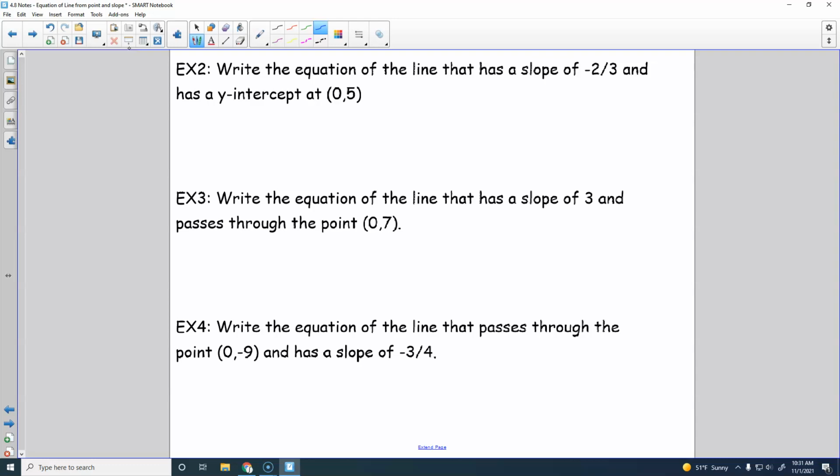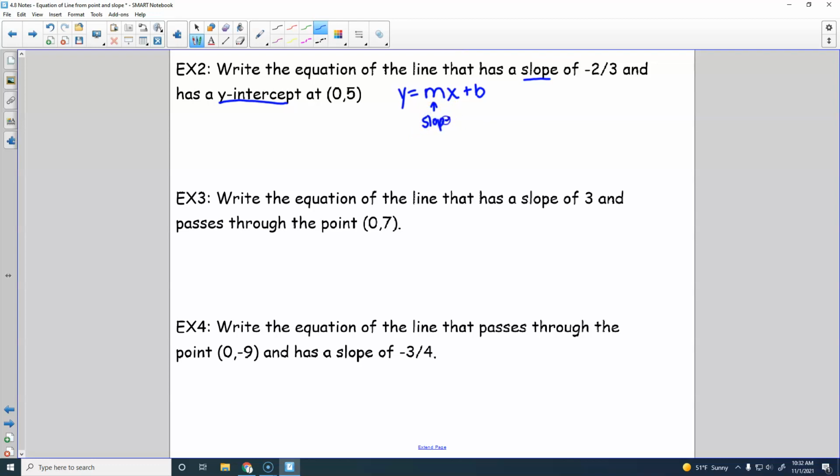Example 2 says write the equation of the line that has a slope of negative 2/3 and a y-intercept of 5. So, we know the slope, we know the y-intercept, so we can use slope-intercept form, which is y equals mx plus b. So, Zane, what does that m stand for? Good.